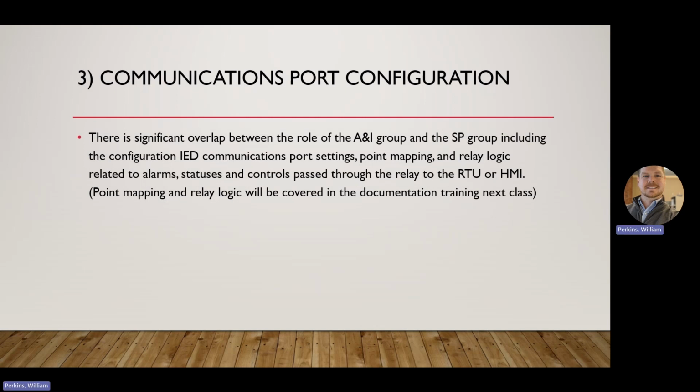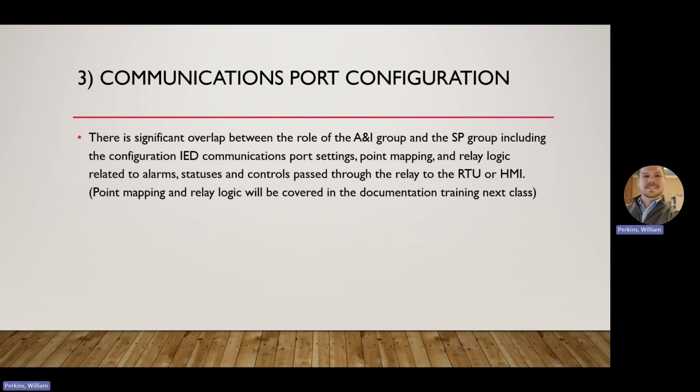This will be letting the system protection group know if it's serial communications, and if so, is it a DNP3 protocol, and what's the address, baud rate. If it's a network port, we'll let them know the IP addressing.